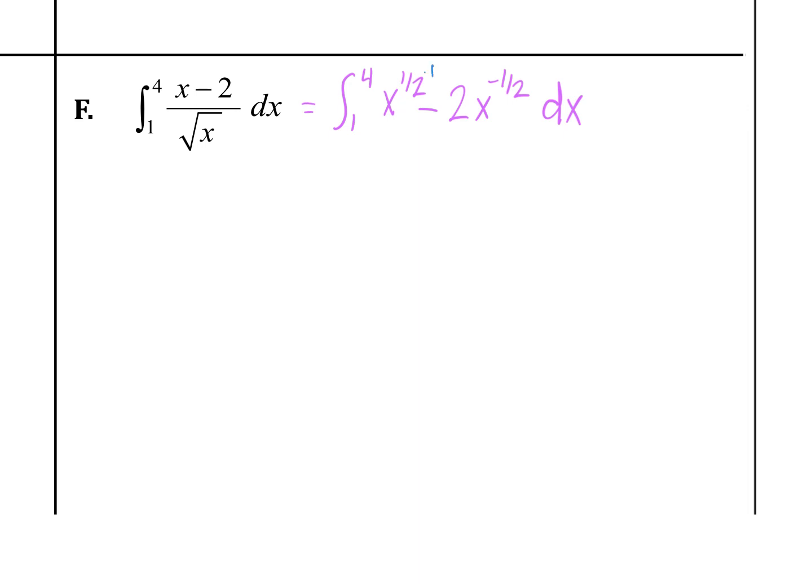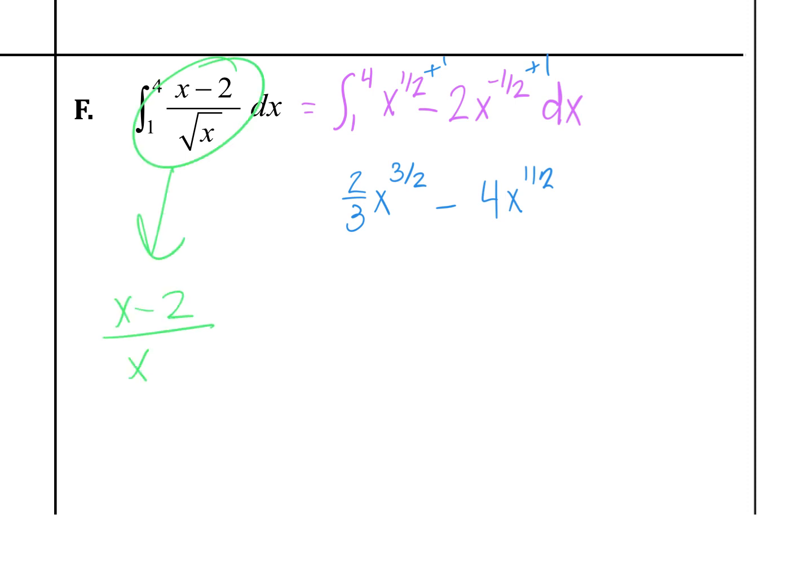So then now we add the ones. So you get 2/3 x to the 3/2 minus... You just completely got rid of that x minus 2 on top. Where'd you get X squared? I didn't. I mean, X to the 1 half. The purple, yes. She brought the X up. Yes, I understand that logic.